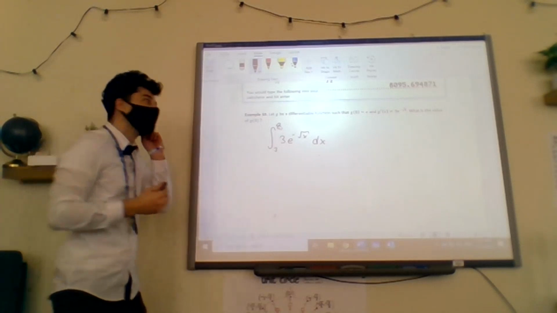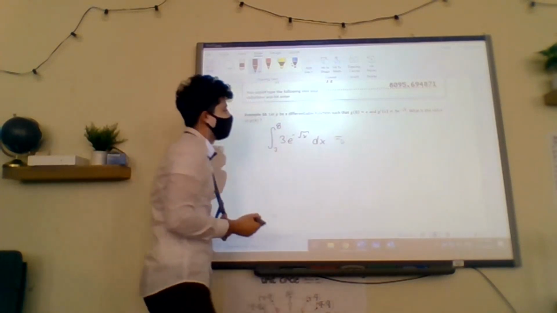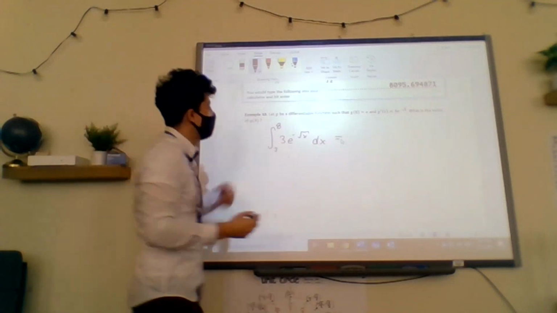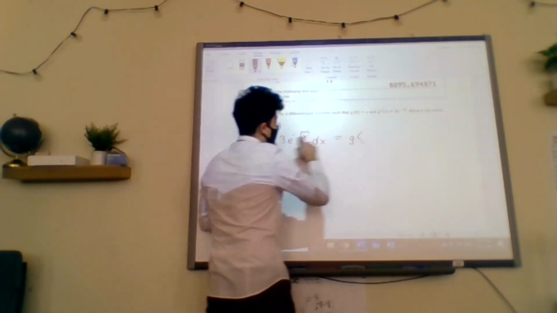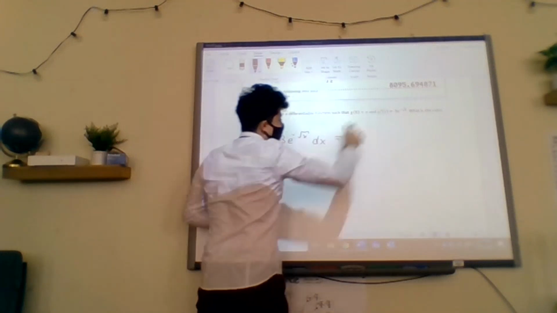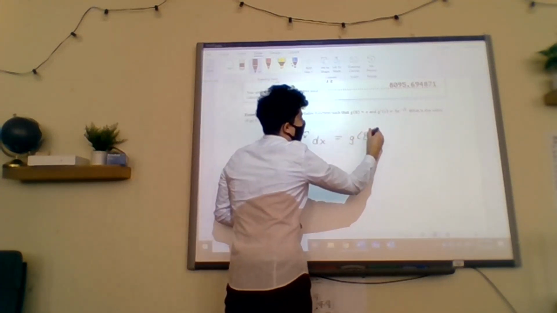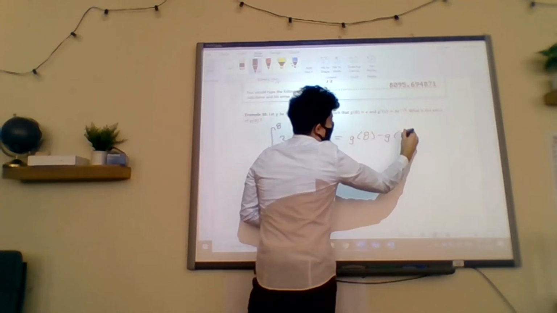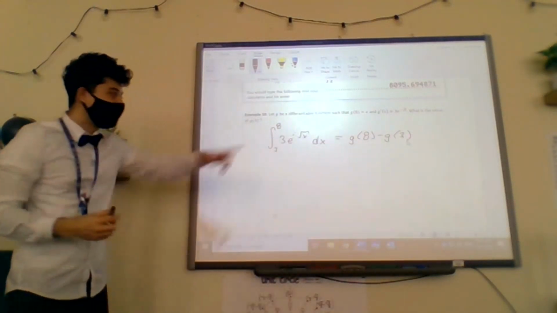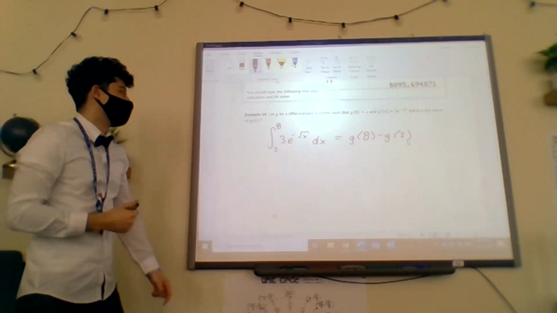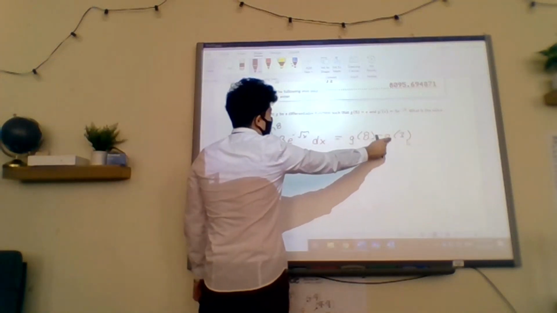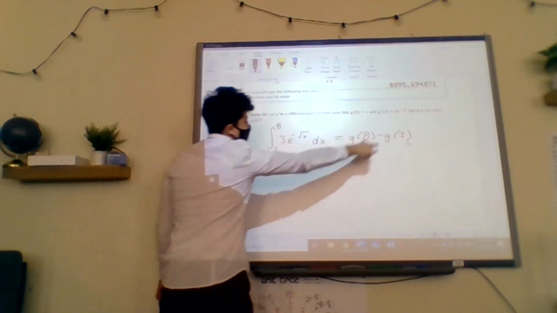And so this, remember, according to the fundamental theorem, would give you g of 8, because this was g prime. G prime is this. So this would give you the antiderivative g of 8 minus g of 3. And then you can solve for g of 3. So if I want g of 3, that would mean I could just add g of 3 and subtract this over.